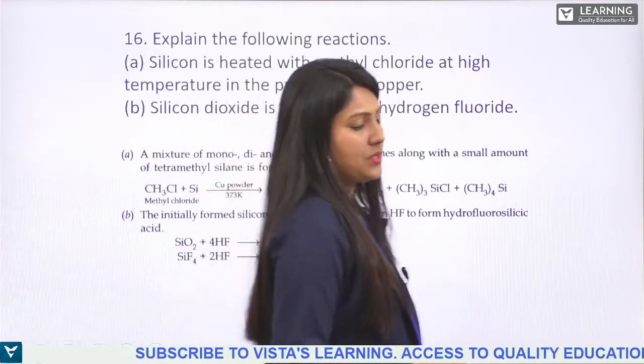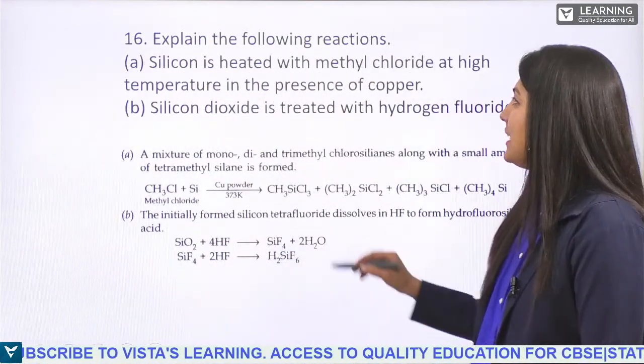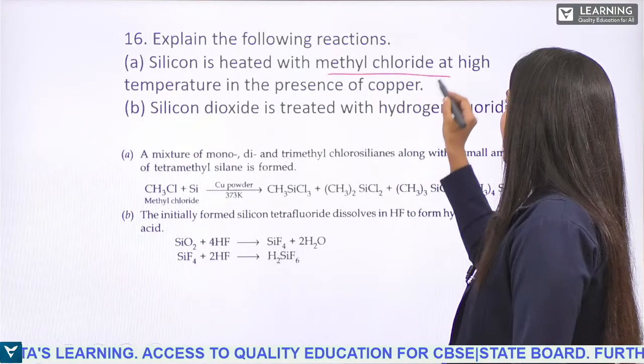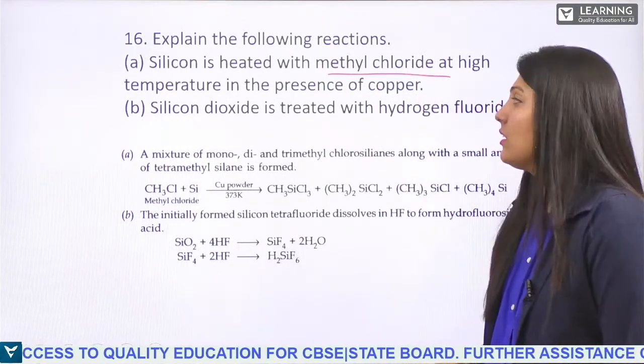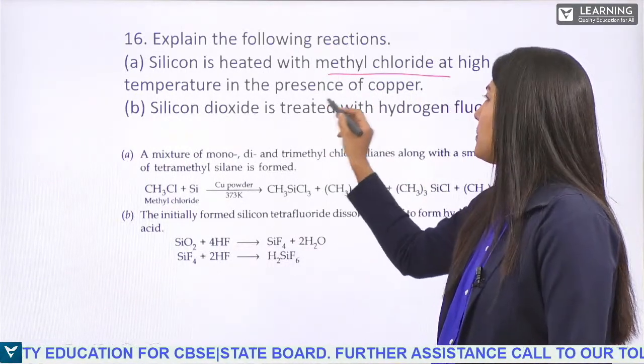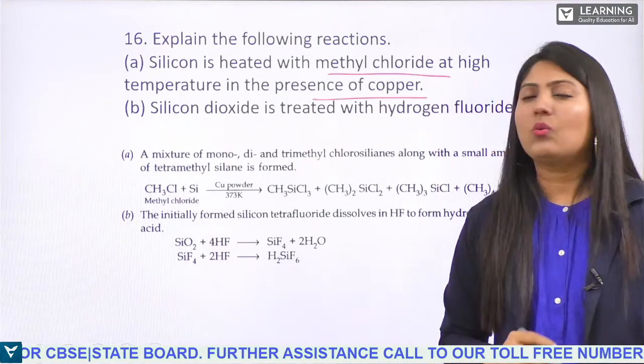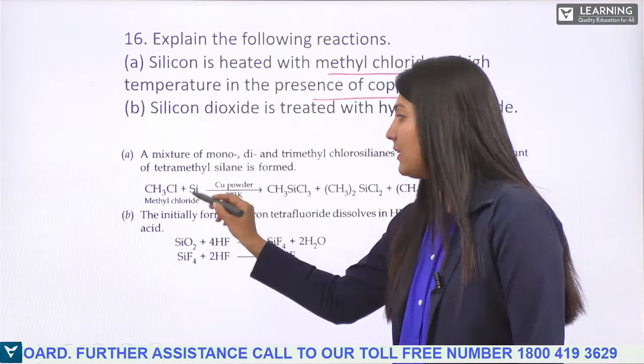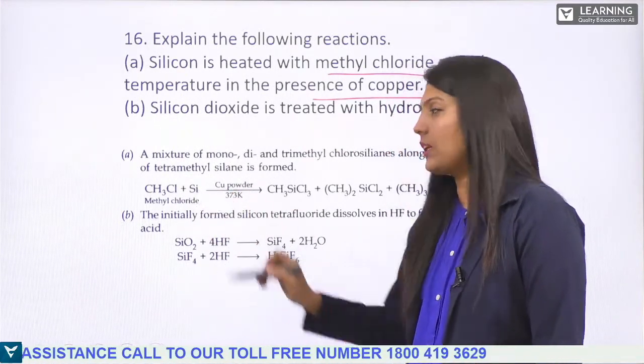Explain the following reactions. Silicon is heated with methyl chloride at high temperature in presence of copper. So what happens when the silicon is heated with methyl chloride?